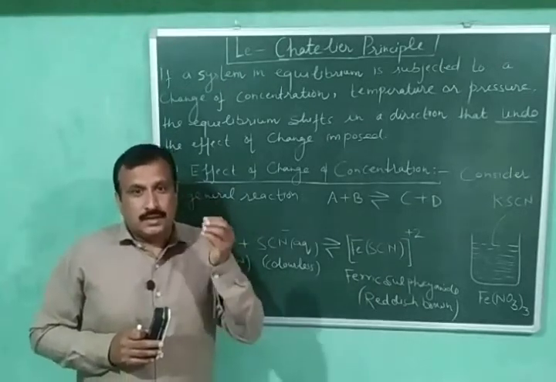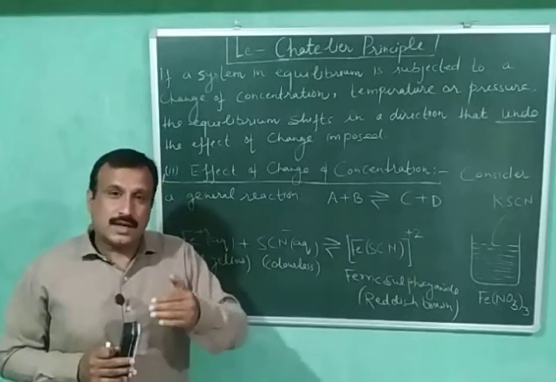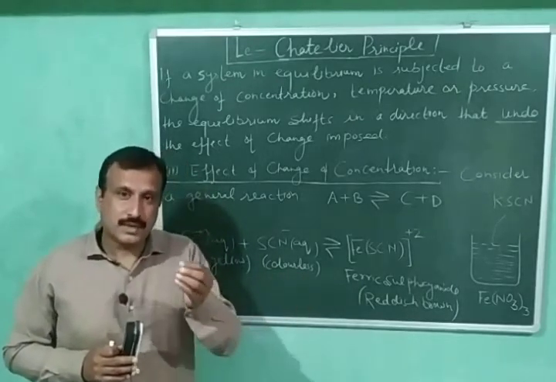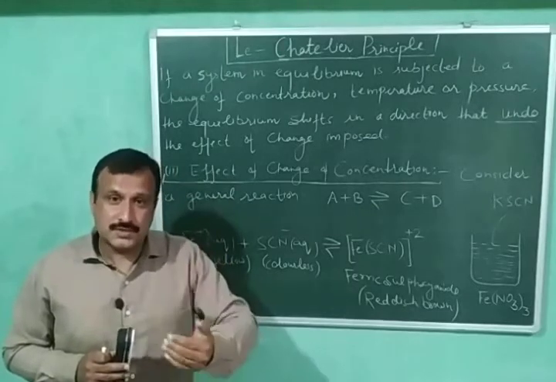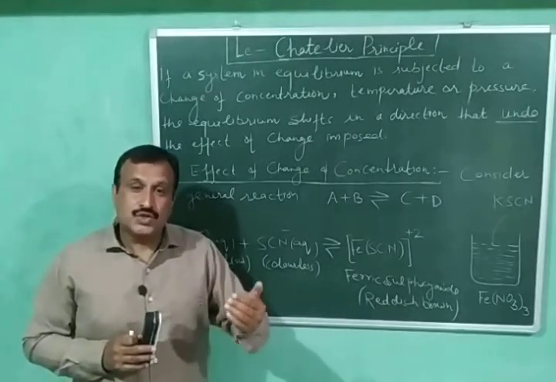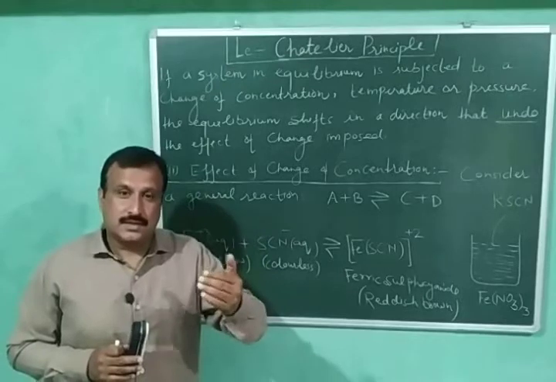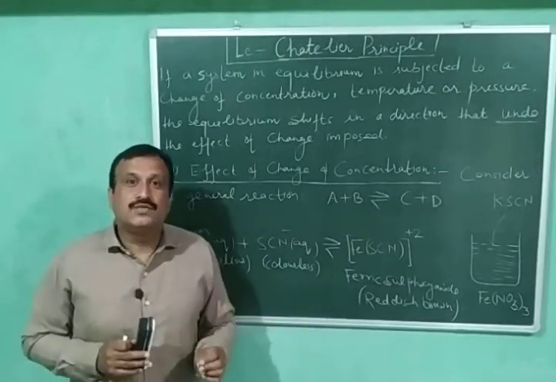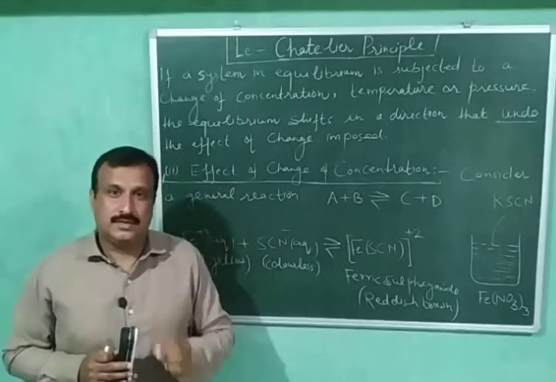So when the equilibrium is subjected to a change in concentration, temperature or pressure, the equilibrium shifts in that direction which reverses the effect of the change imposed, and the equilibrium is re-established again.